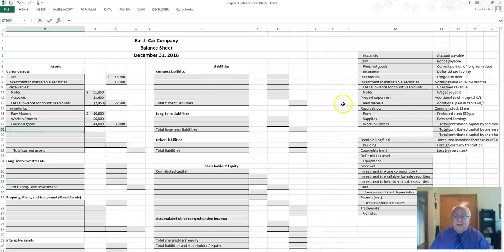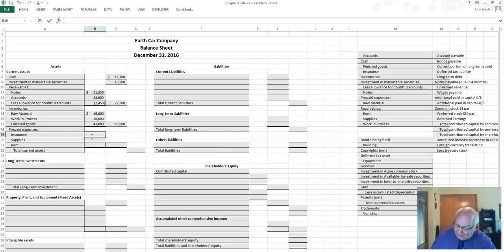Then we'll have prepaid expenses. Under prepaid expenses, we'll have insurance, that's prepaid insurance for some, we have supplies, and we have maybe rent. Those are my prepaids I had.